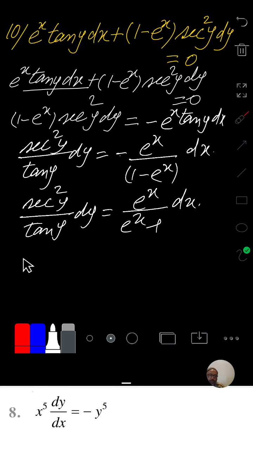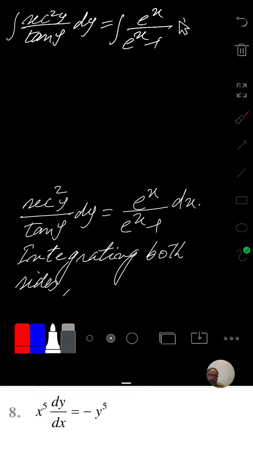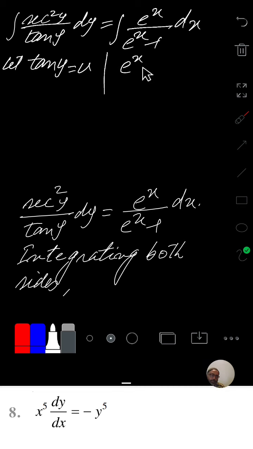Now integrating both sides, integral sec square y upon tan y dy is equal to integral e raised to the power x upon e raised to the power x minus 1 dx. Now substituting tan y as u, e raised to the power x minus 1 as v.